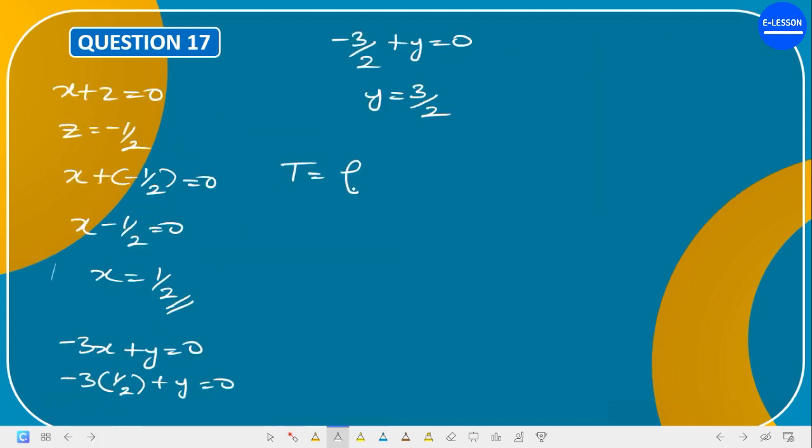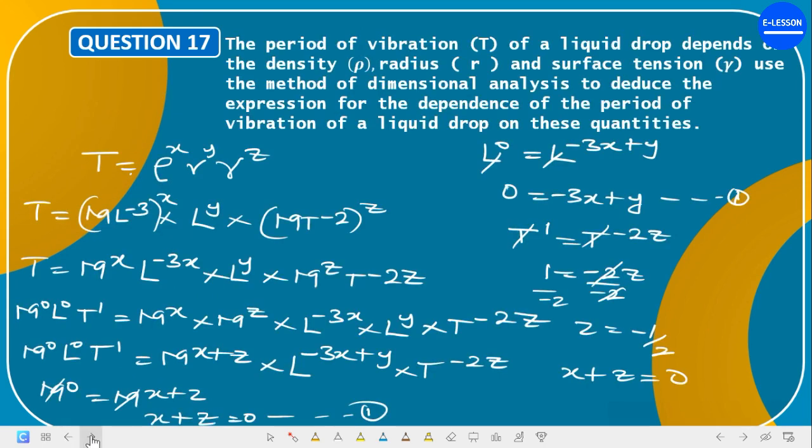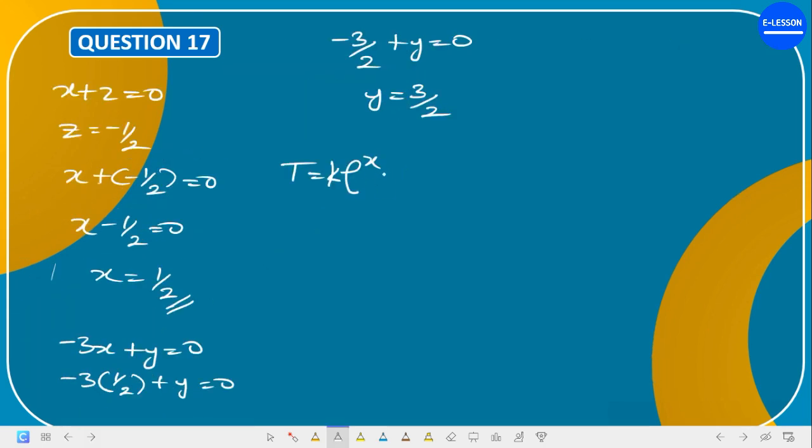Okay? Now, your T is equal to your density, of course, you have your constant, then raised to the power of what? x. Then what do we have? Radius raised to the power of y, and then surface tension raised to the power of z. So finally, your answer will be T is equal to k.